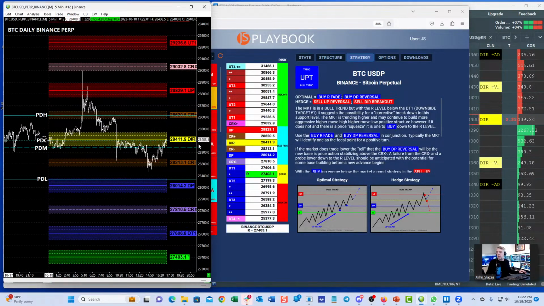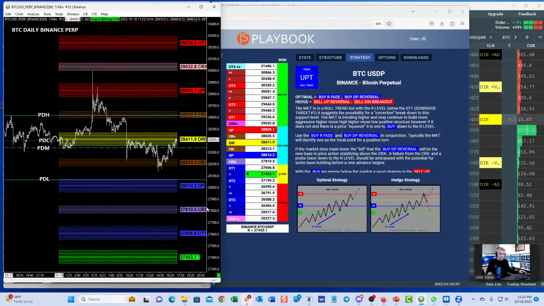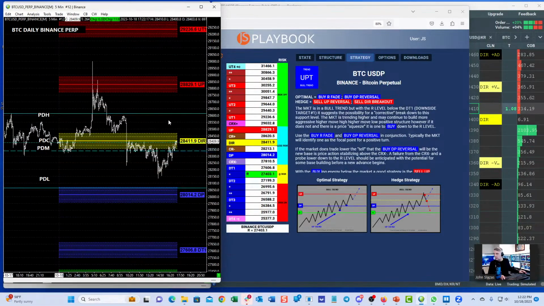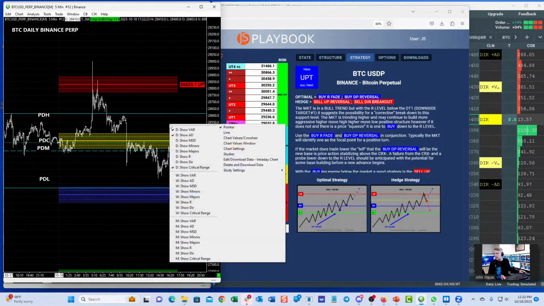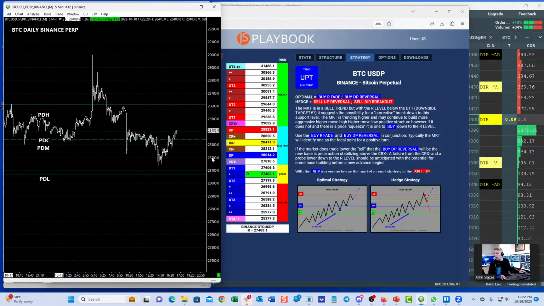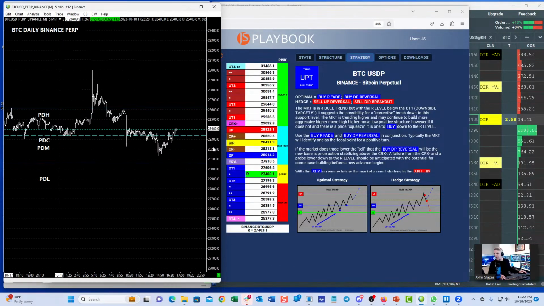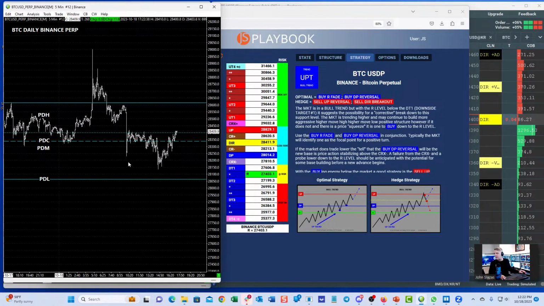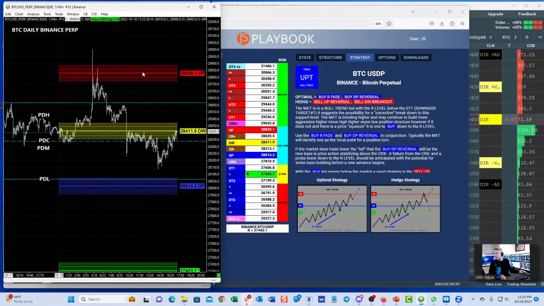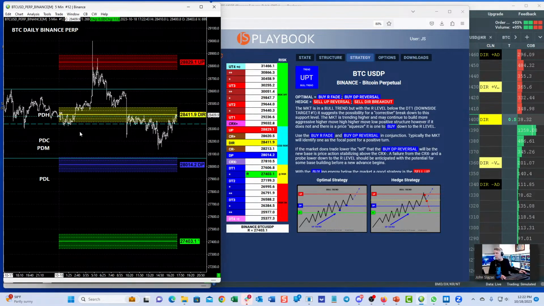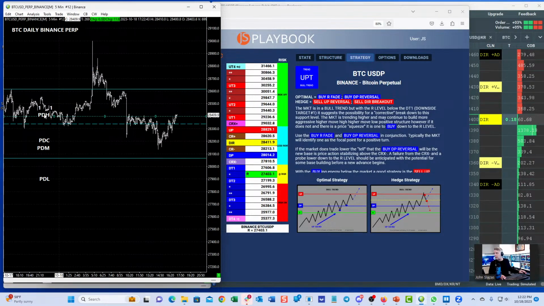So let's take a look at this chart to get a little better clarity to what that is. And before I even put that up there, let me show you something else that is a good thing to do on your own, without our work, which is identifying the previous period time frame's highs and lows and the close and midpoint.